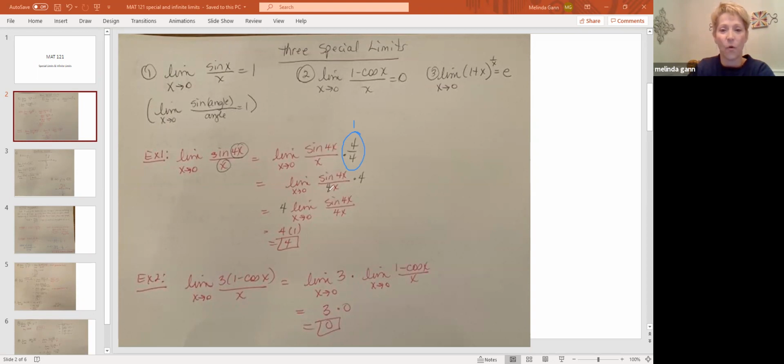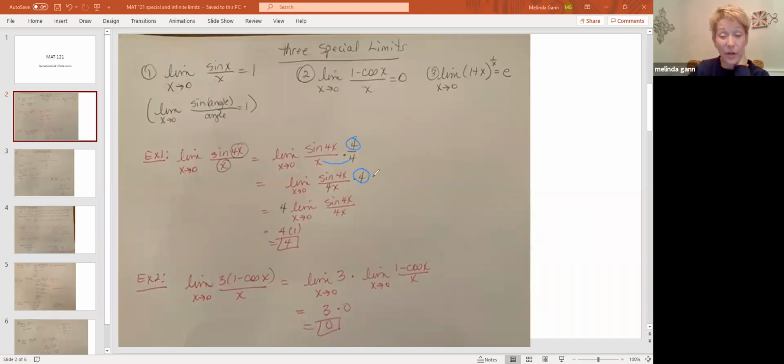Well, 4 times x is 4x. I've multiplied this 4 times that x, and that's where I got the 4x on the bottom. But I've still got this 4 on the top that I can't just get rid of because I don't want it. So I multiplied out the bottom and I did not multiply out the top.